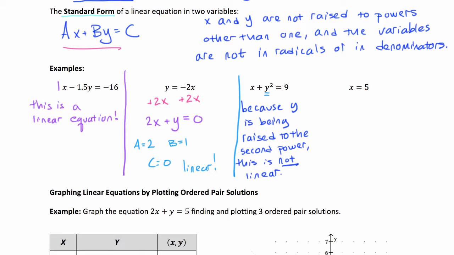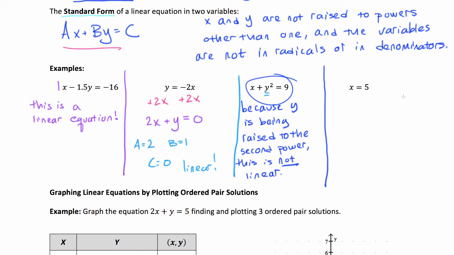So this is not the kind of thing that we're talking about. And because this is not a linear equation in two unknowns, the solutions to this will not lie on a perfectly straight line.